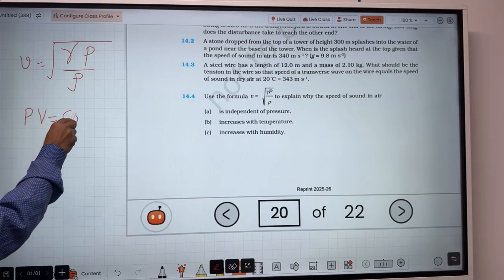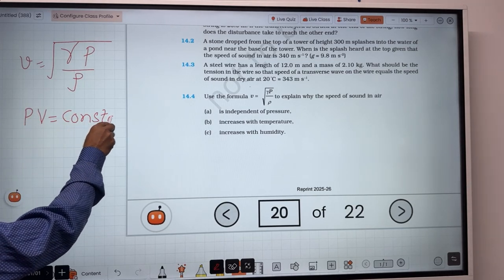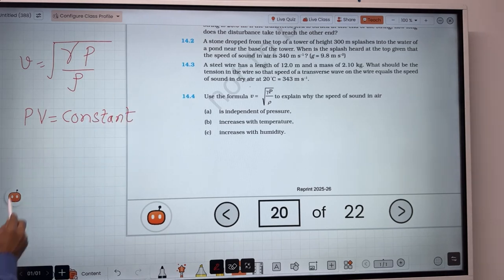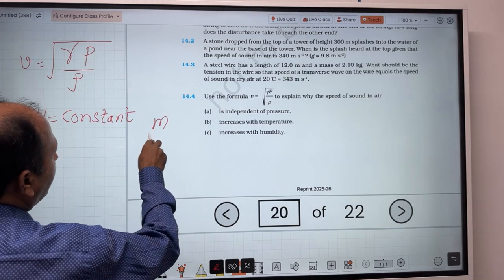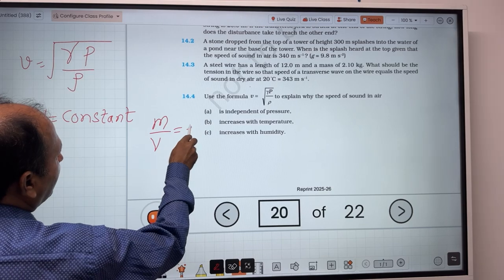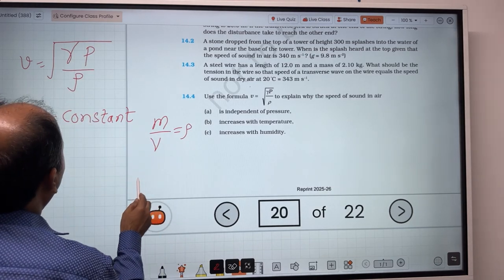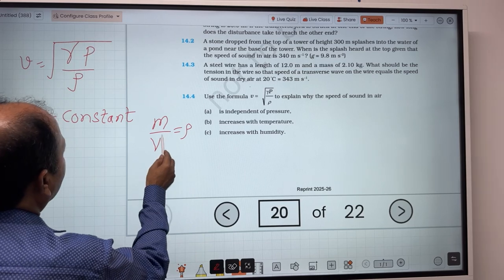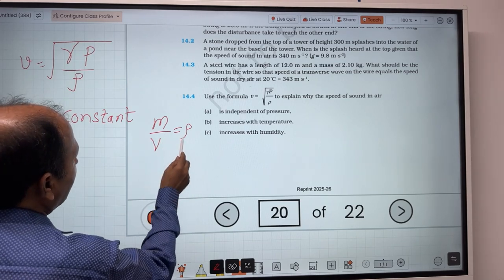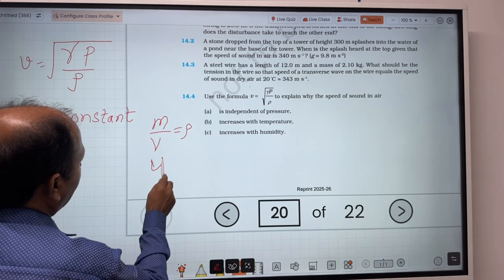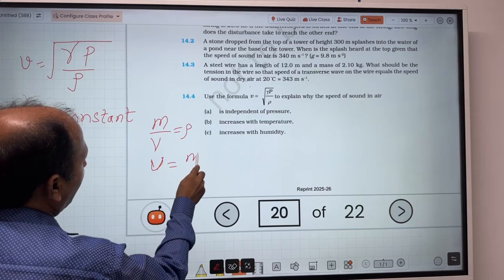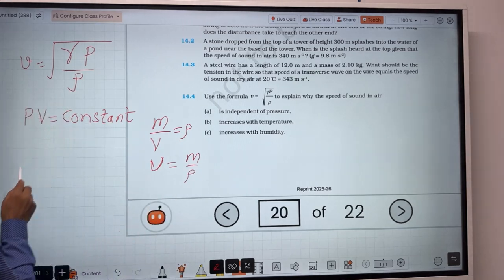So PV equal to constant, right, and mass upon volume is equal to density, right? So we can replace V here. V is volume, which will be M upon rho.